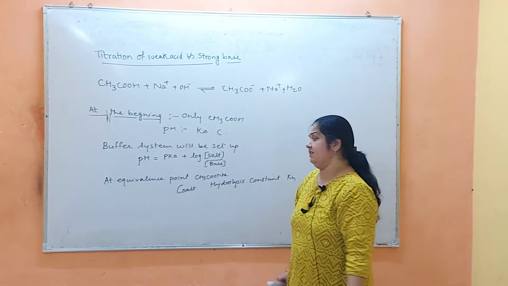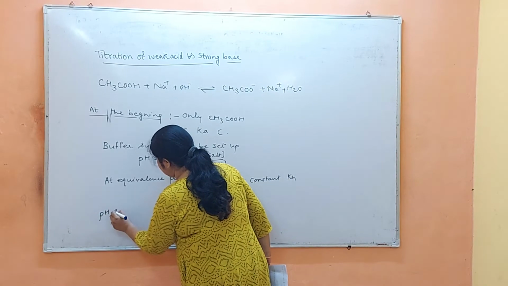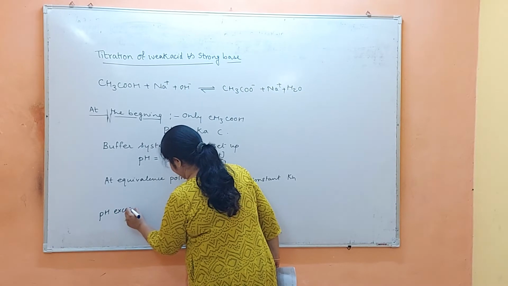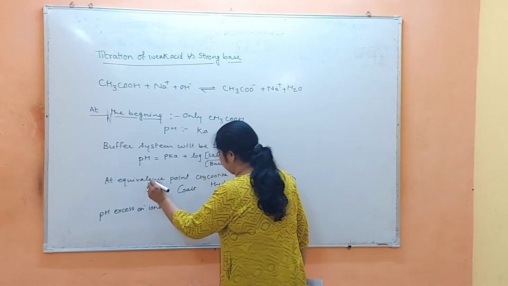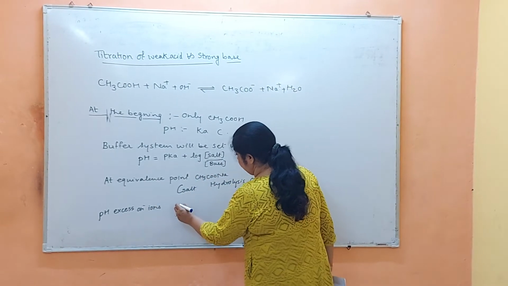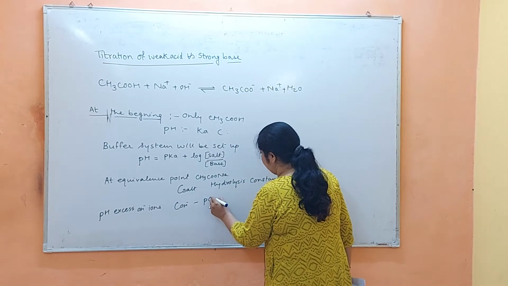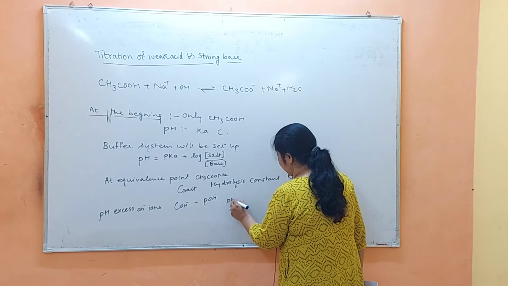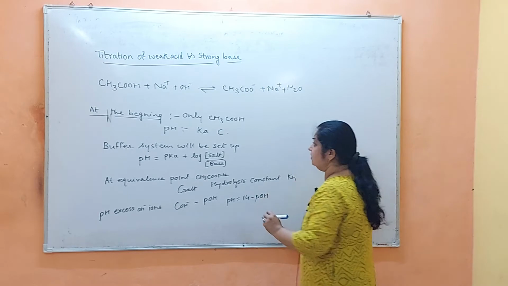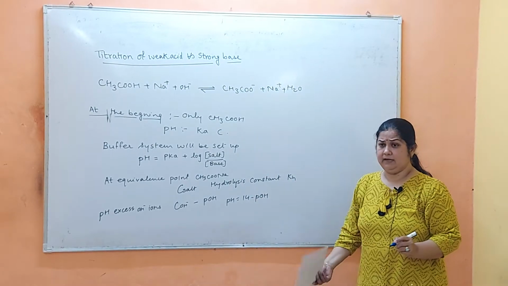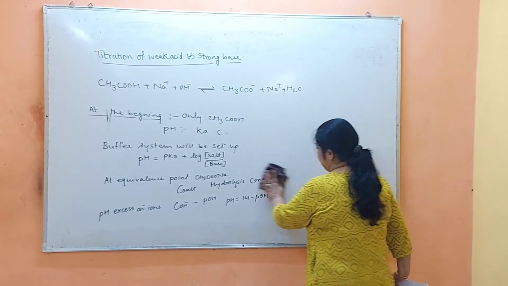And after the equivalence point, we can always calculate the pH using excess hydroxyl ions. From this excess hydroxide ion concentration, you will get OH-, from that you can calculate pOH, and from that you can calculate pH, which is equal to 14 minus pOH. So this was the blueprint of how we are going to calculate. Now exactly we will calculate the pH at different stages.